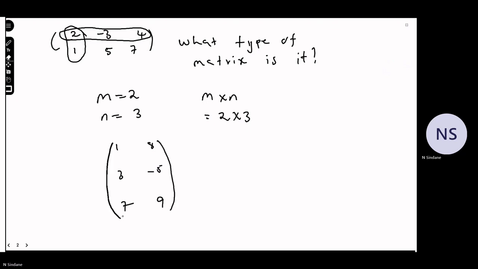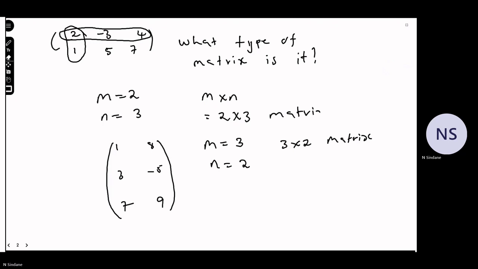You'll definitely see that M in this case is 3, right? And N in this case is 2. So this is a 3 by 2 matrix. And the previous one is a 2 by 3 matrix.